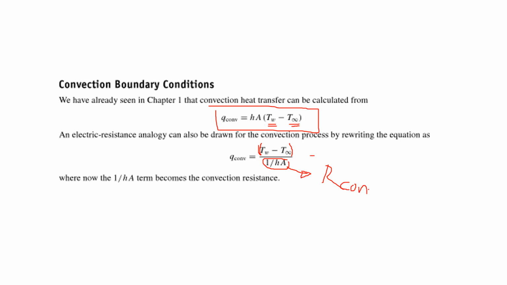Again, this is thermal resistance, convection resistance, or we can also name it as surface resistance. So now we have a new resistance in the shape of convection resistance or surface resistance.